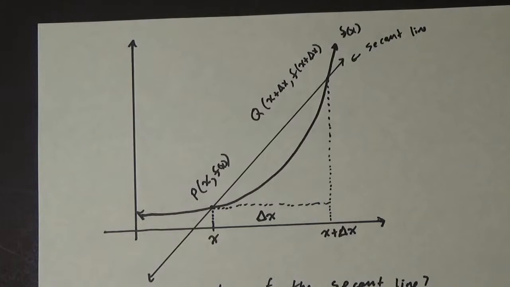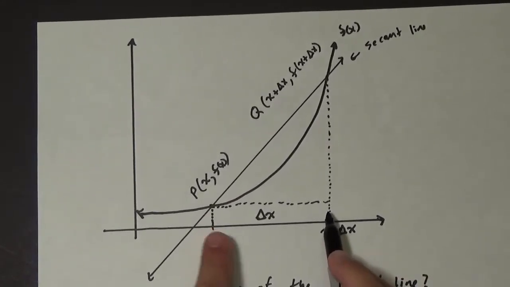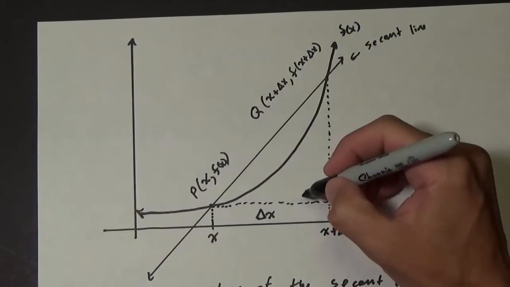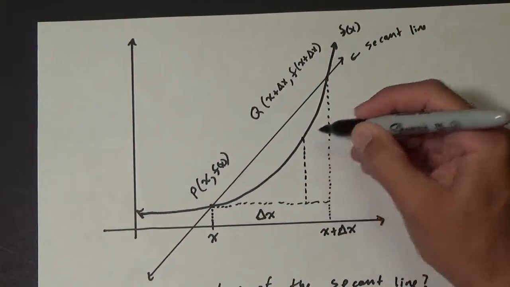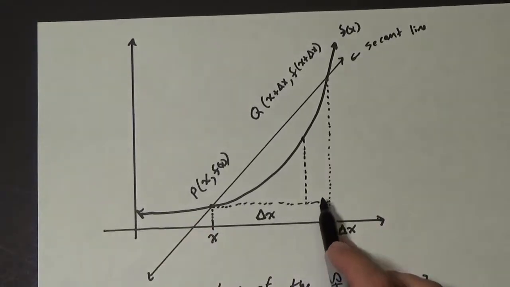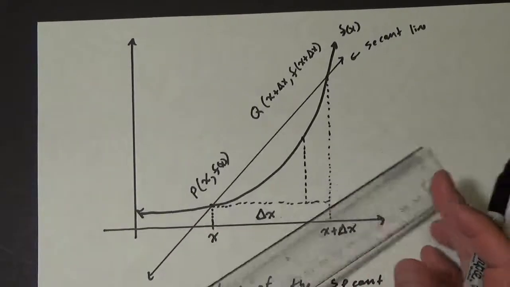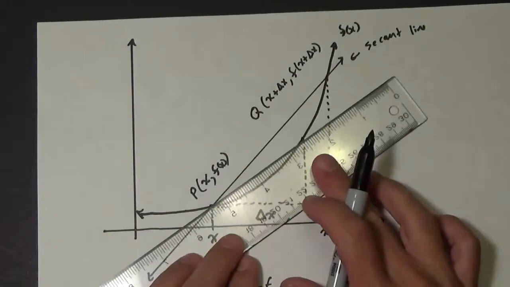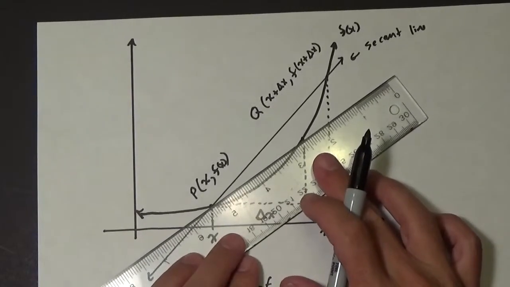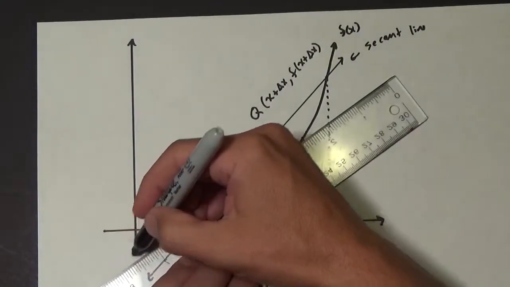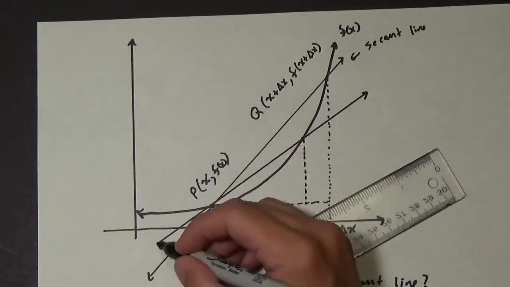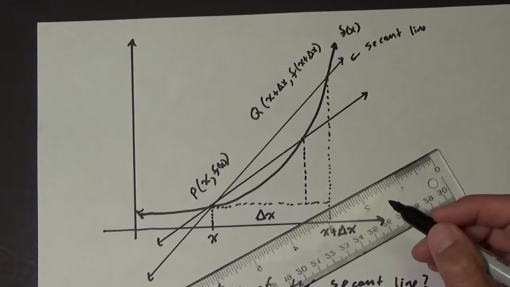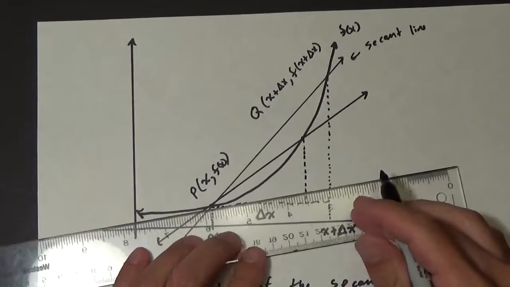So why don't we go ahead and instead of having delta x this distance, I'm going to go ahead and make delta x this distance. And I'm going to just bring it a little bit closer. So if we do that and we sketch in our secant line, we're going to notice that, oh wait, that is a lot better.